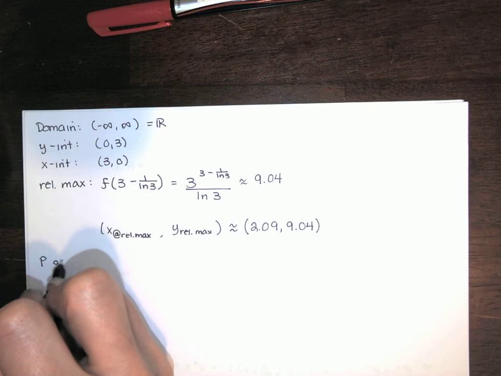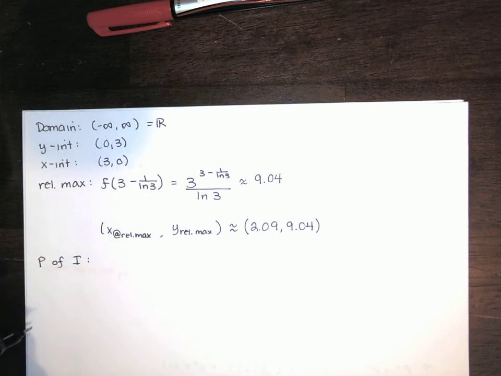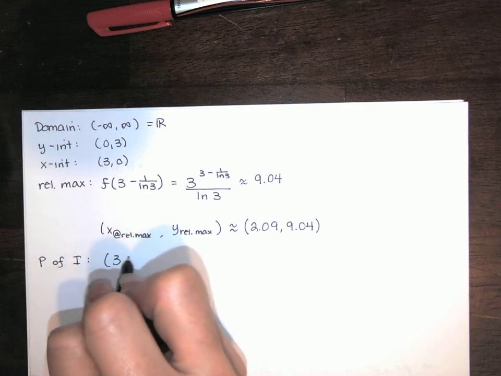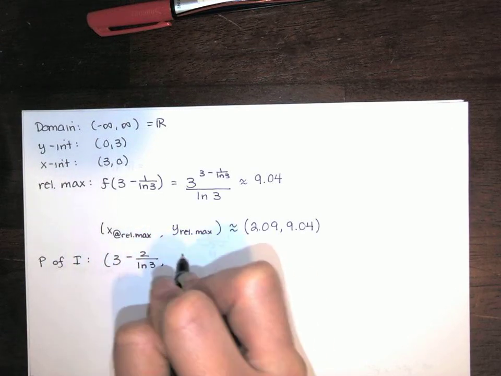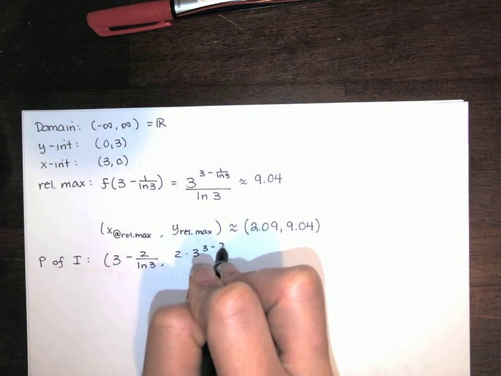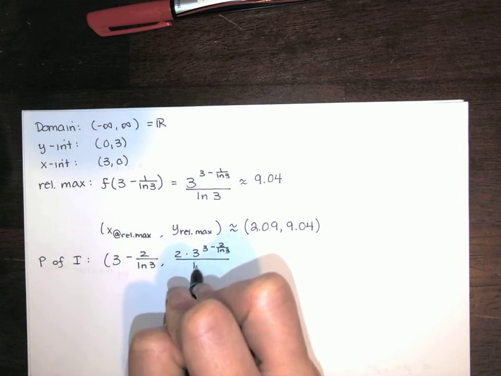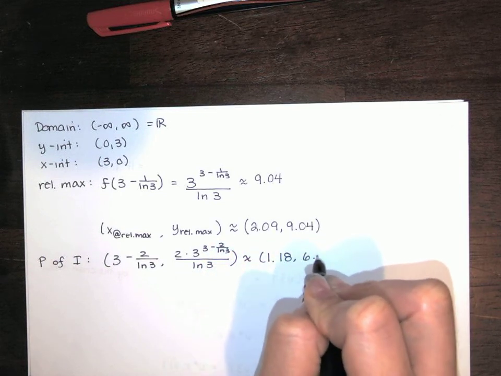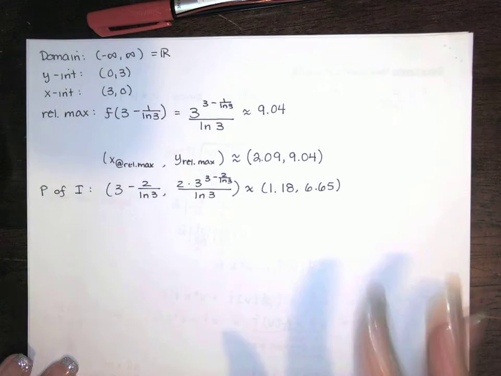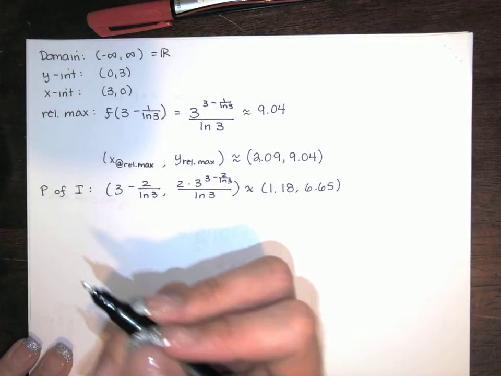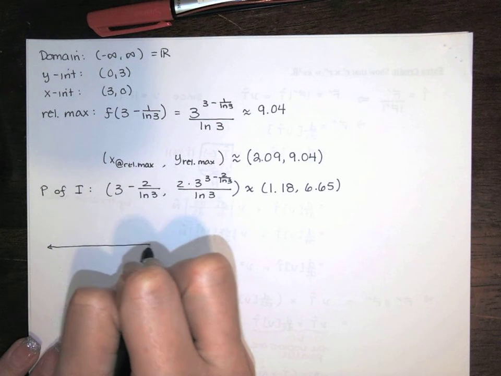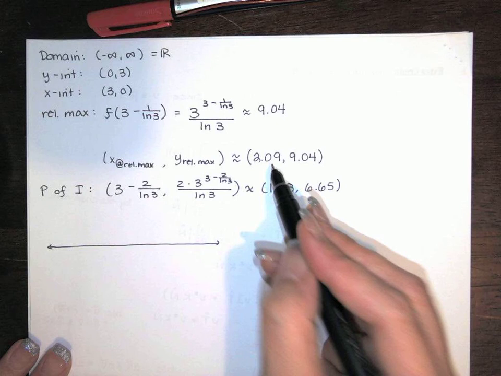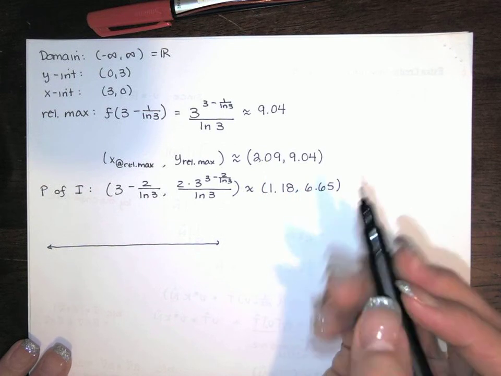We found a point of inflection. And the point of inflection was 3 minus 2 over natural log of 3, and then the y value was this. So when we look at our intervals where the graph is increasing and decreasing, concave up and concave downward, it helps to include both the x value for the point of inflection and the x value for that relative max.